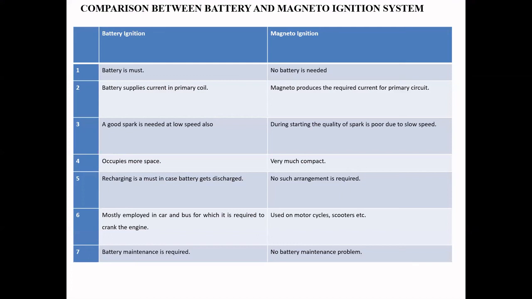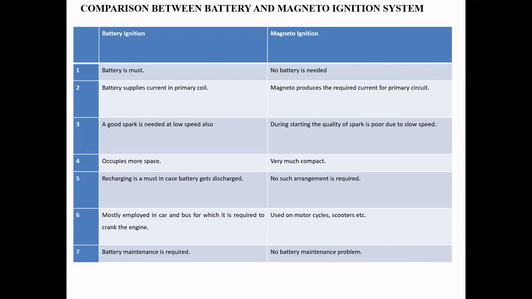It is a generator which produces its own energy, which is sufficient to operate the ignition system, to produce the spark in the spark plug, and to cause ignition inside the combustion chamber. That's why in battery ignition system, battery is a must, whereas in magneto ignition system, battery is not needed.